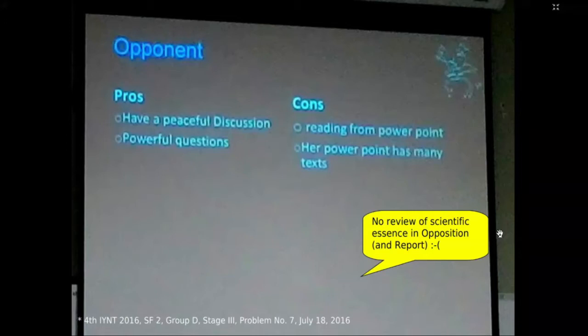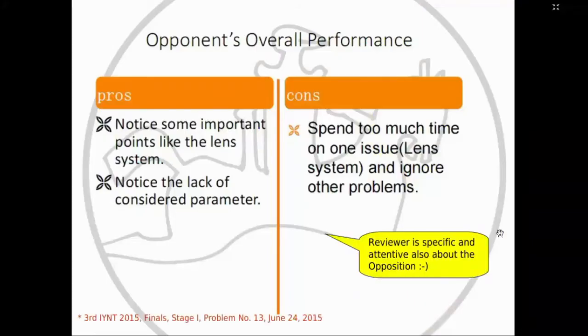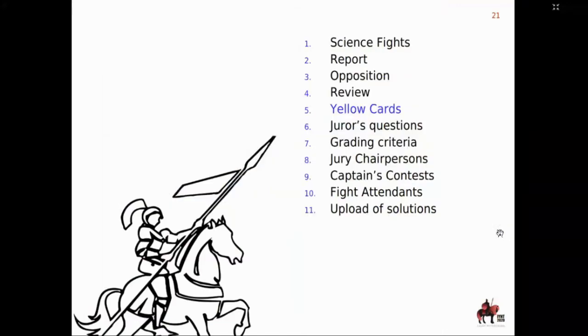The discussion was peaceful and they were reading from PowerPoint. So probably this review is not particularly strong. And here you can see an example of a much better review where the specific scientific aspects of the report and oppositions are discussed.